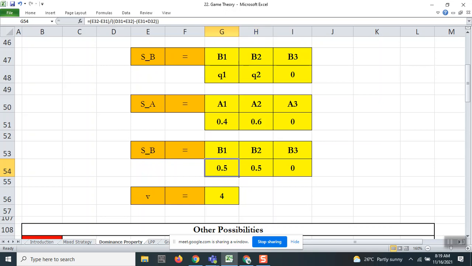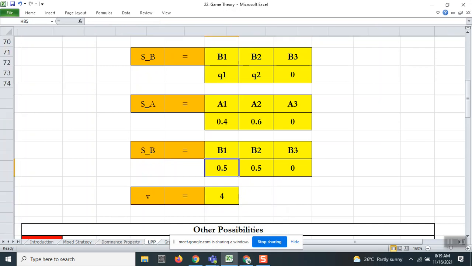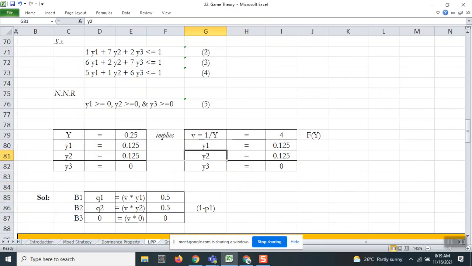All right. So I'm going back to the linear programming problem. We have y1, y2, and y3, but we need to find q1 and q2. So this is very important: q1 equals v times y1. I repeat, q1 equals the value of the game multiplied by y1, so that is 0.5. And q2 you can take as 1 minus q1, or you can take the value of the game multiplied by y2, which is 0.5.